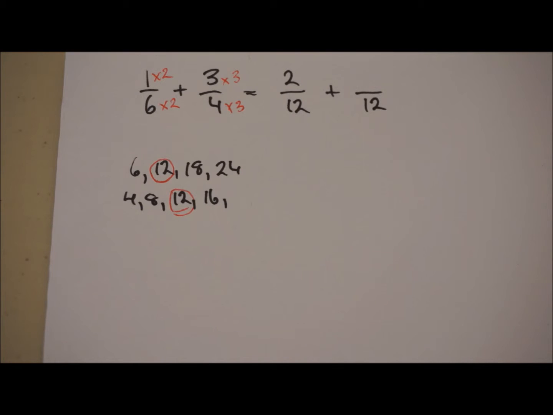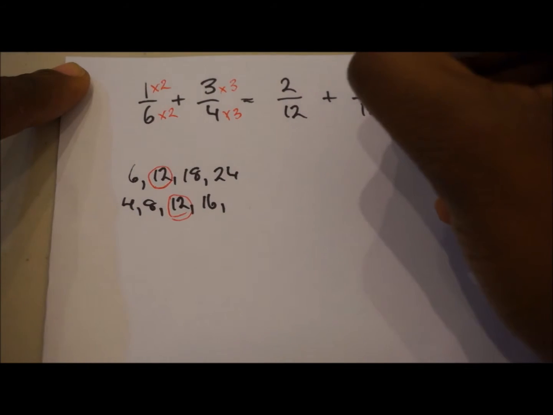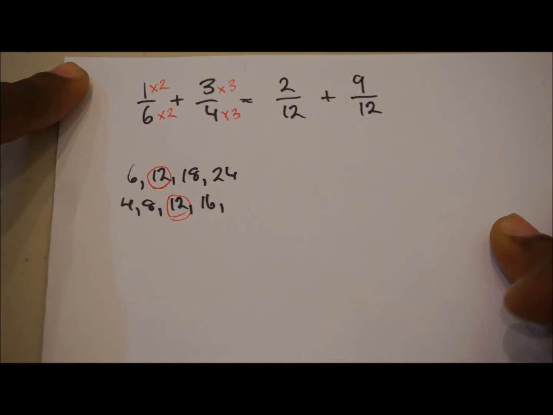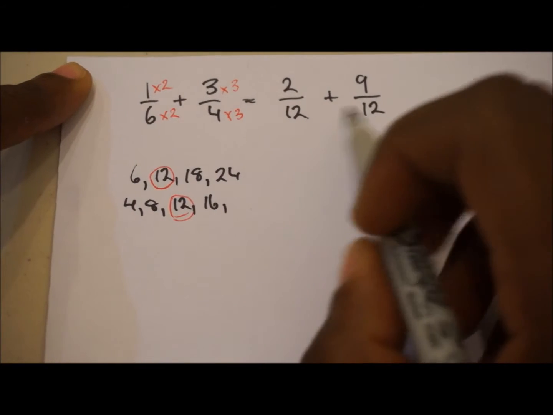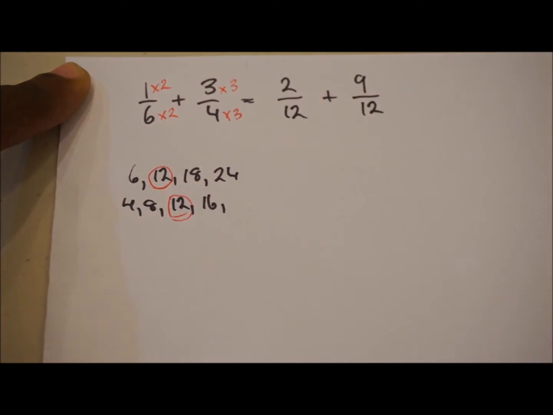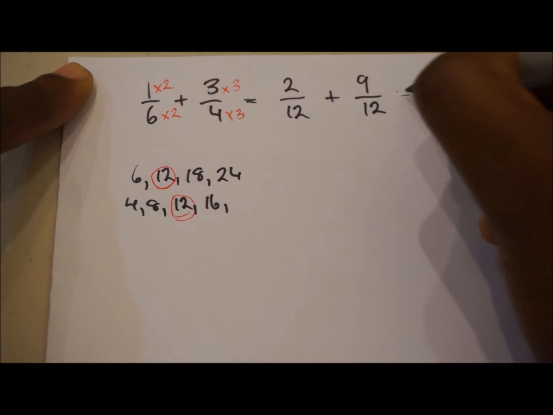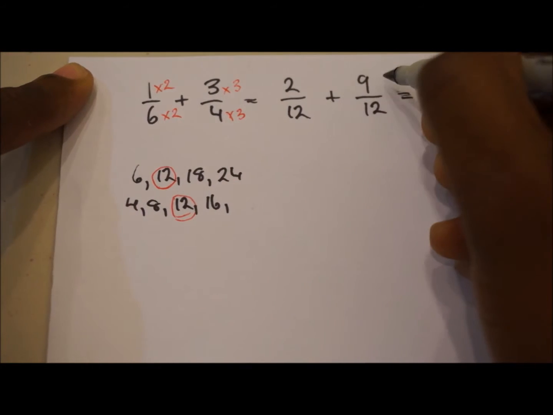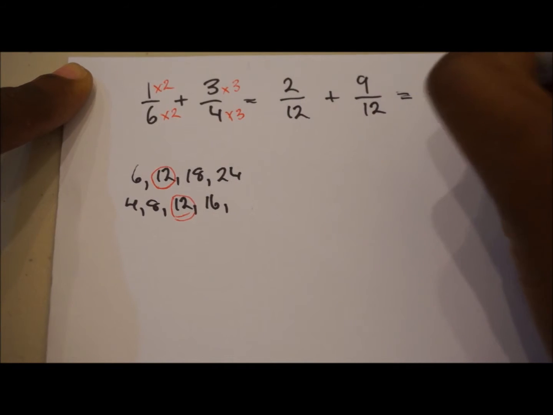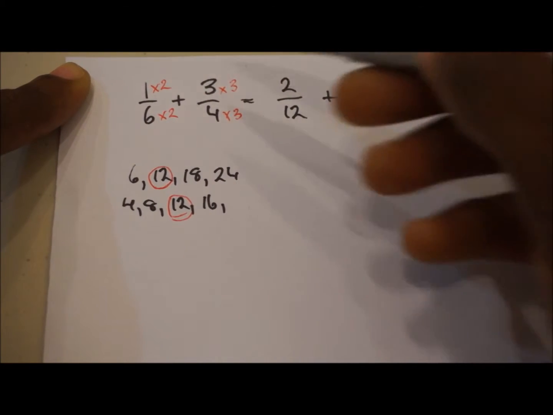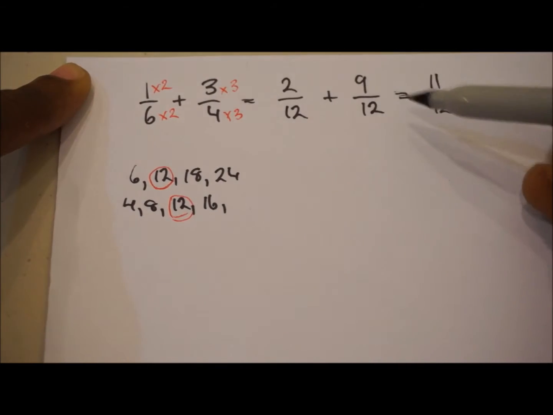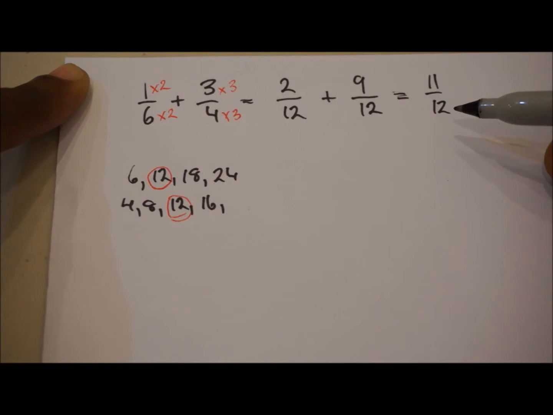Therefore, my 3 over 4 now becomes 9 over 12. Notice my two fractions now have the same denominator. Therefore, I can go ahead and do my addition. 2 plus 9 gives me 11. 11 over 12. Therefore, 1 over 6 plus 3 over 4 is the same thing as 11 over 12.